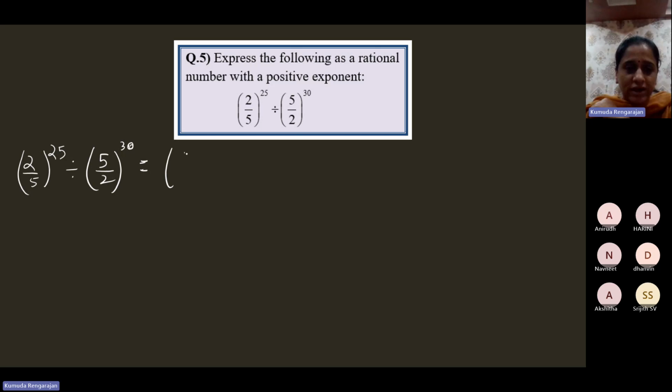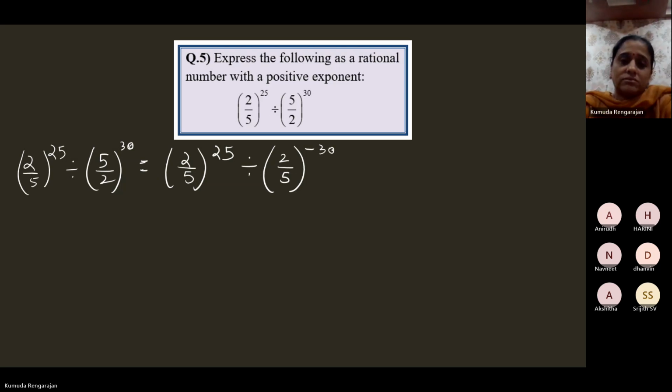Write the first one as it is, 2 by 5, the whole power 25. Put the division sign. Now you want to write 5 by 2 as 2 by 5. That is, you have taken the reciprocal of the base, so you must write the negative of the power. When you write 5 by 2 as 2 by 5, you are able to use a law.